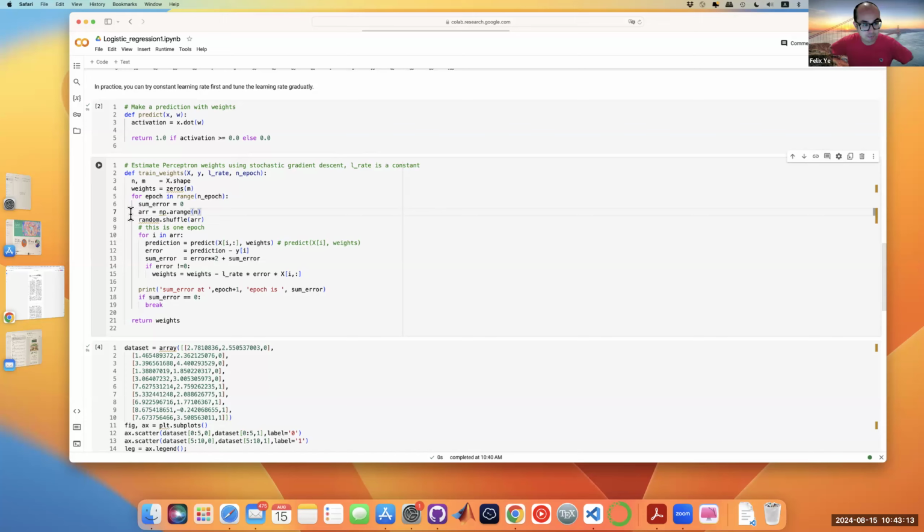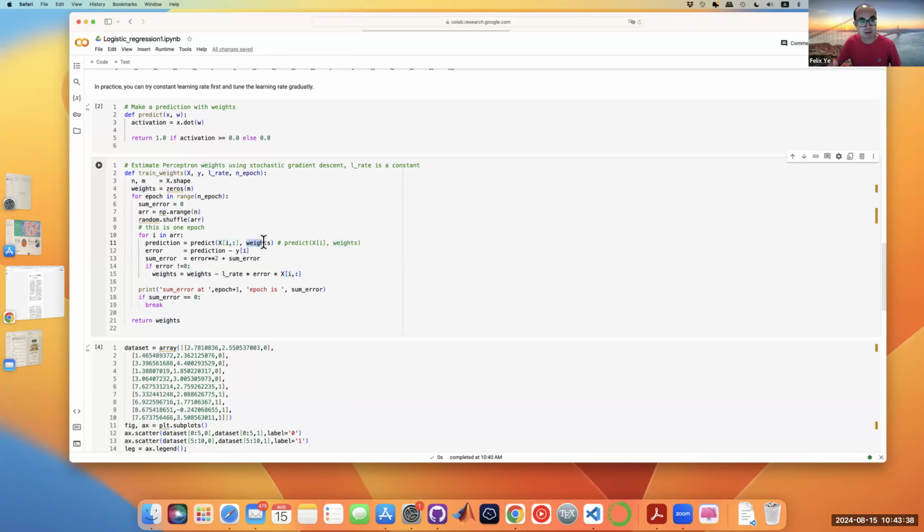That's perfectly fine. Then I'm going to loop over i in the array, which has already been shuffled randomly. I'm going to make the predictions for the ith index versus the weight.